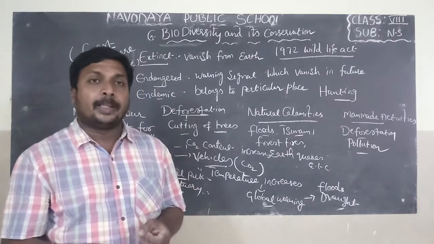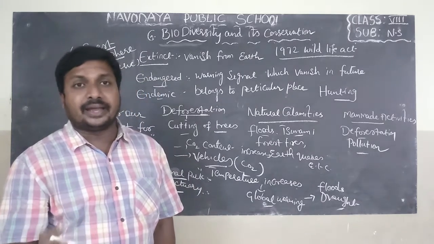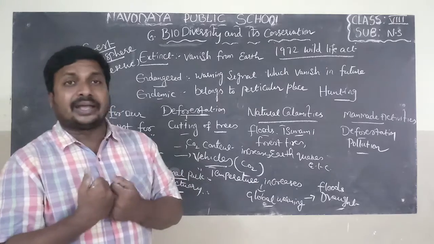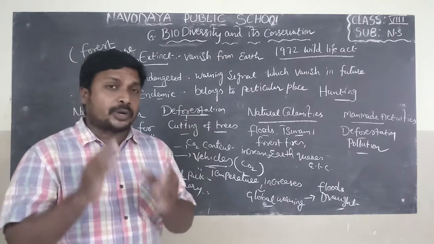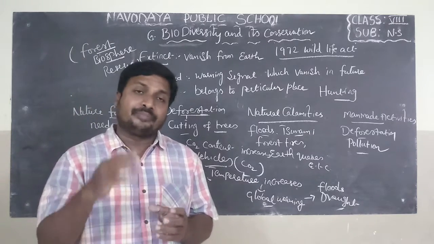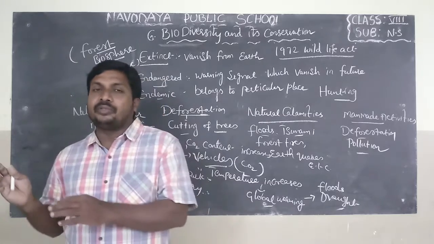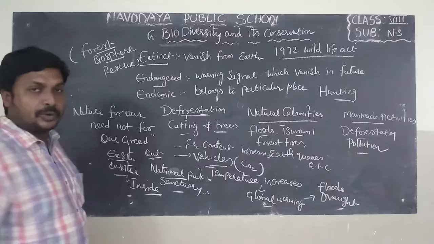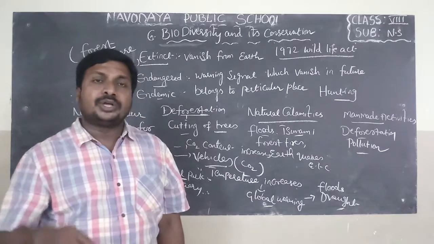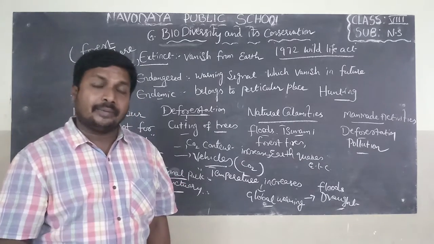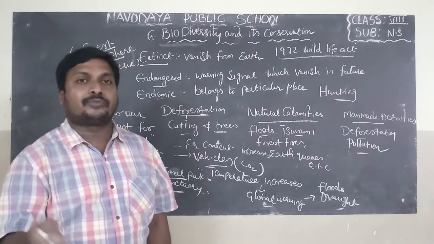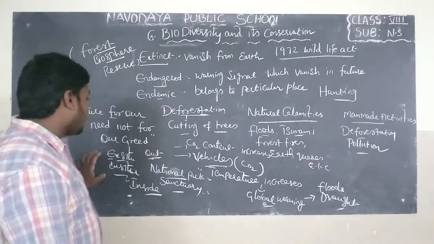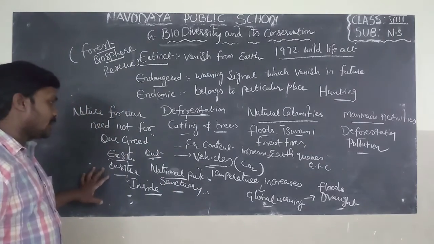For example, if the tiger is in endangered condition, take the tiger out of the forest and give it protection. When it grows up, they release the tiger again in the natural habitat. That is ex situ protection. In situ protection means giving protection to the tiger in the natural habitat, the forest itself.